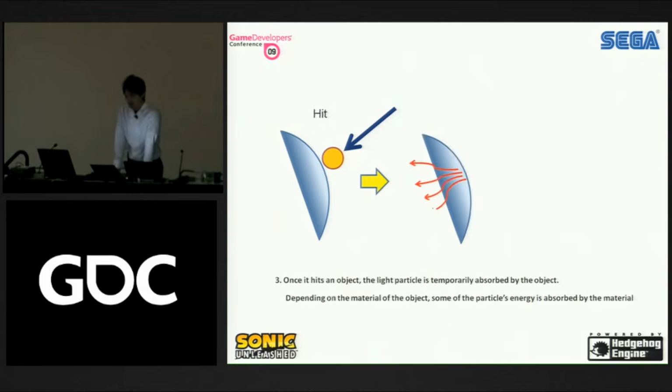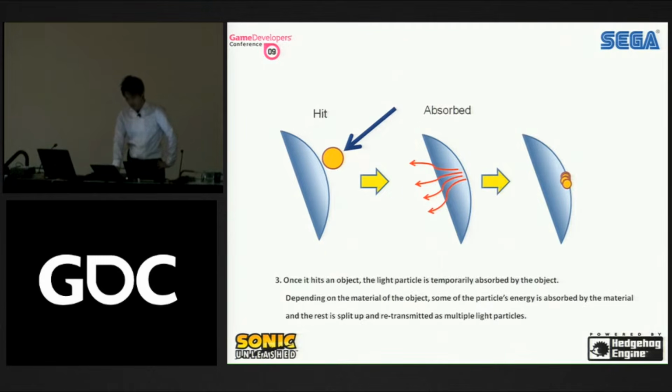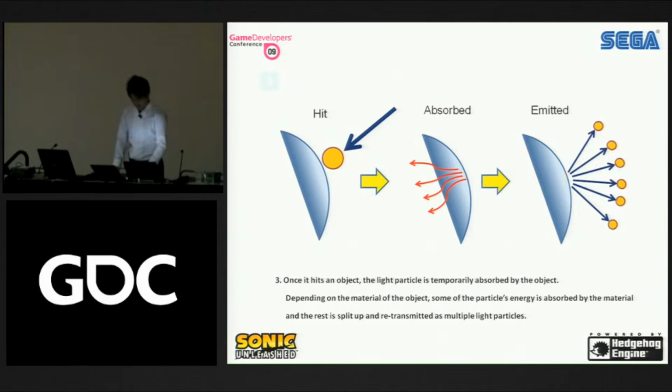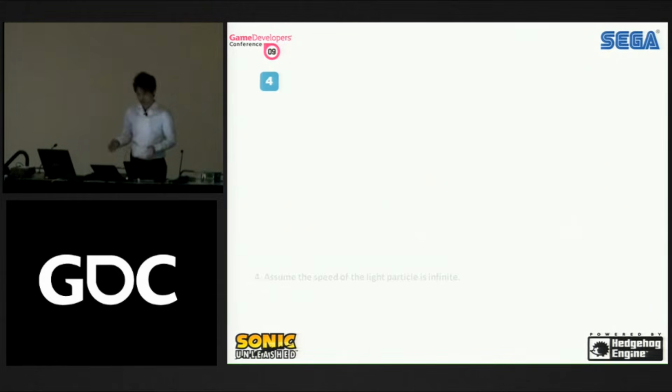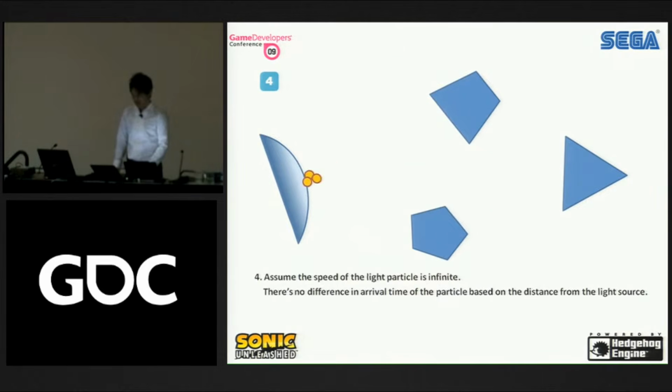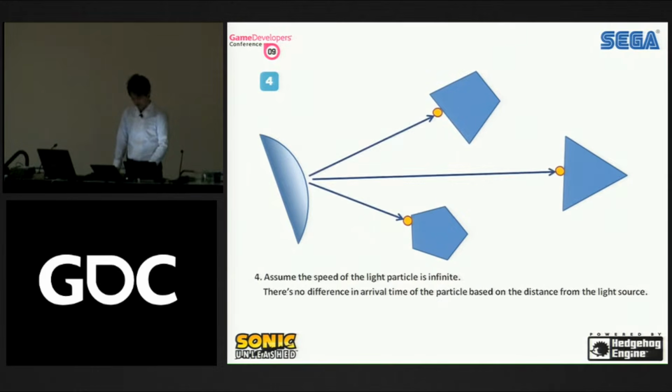Once the light particle hits an object, it is temporarily absorbed by the object. Depending on the material of the object, some of the particle's energy is absorbed by the material. And let's say the rest of the energy is split up and retransmitted as multiple light particles. So this is the rule that we decided upon. Well, I think this is pretty simple, isn't it?